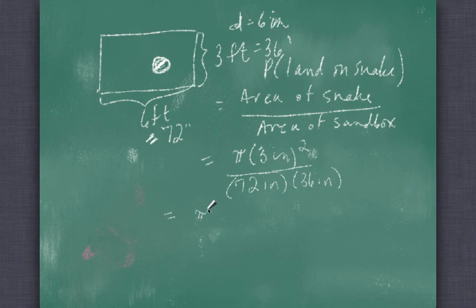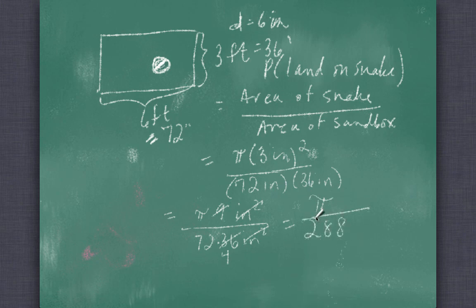Okay, so I have pi times 9 inches squared over 72 times 36 inches squared, because inches times inches, it's like x times x, right? So if you had 72x times 36x, you'd pull out the x squared. So now these cancel, and 9 goes into 36 4 times. And this is your probability.